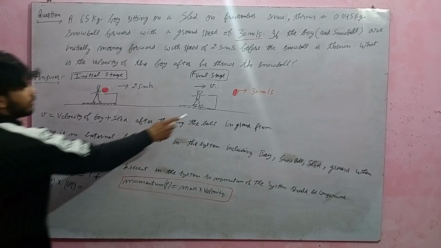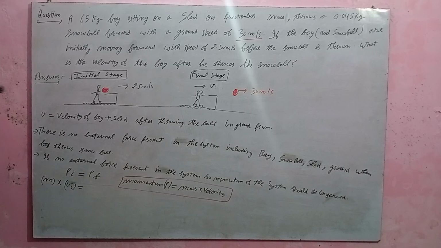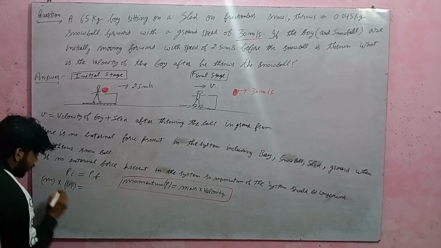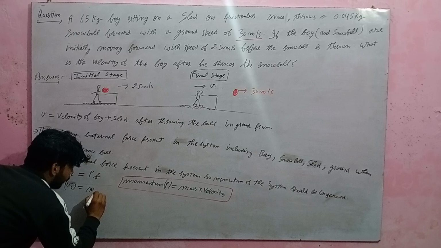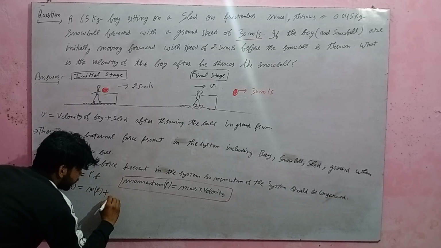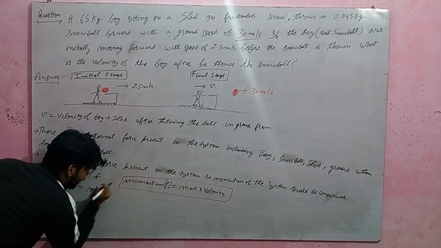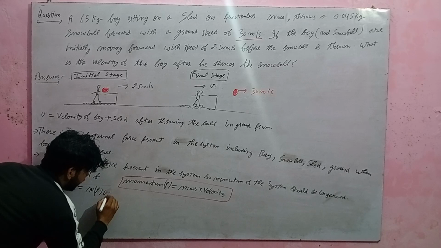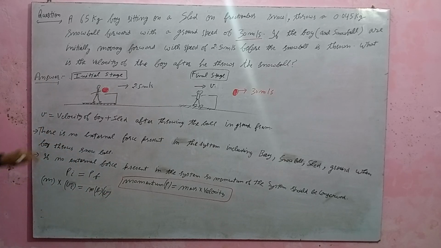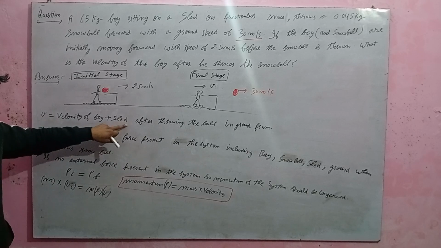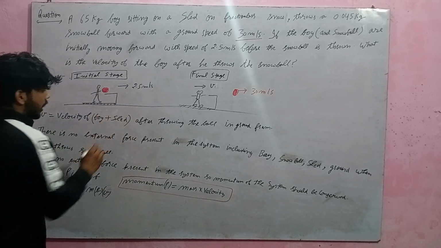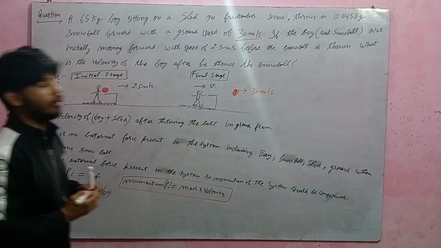So what is the momentum of this object? That means the boy's momentum is nothing but the mass of the boy multiplied by the velocity of the boy. This v is the velocity of the boy plus sled after throwing the ball in the ground frame.